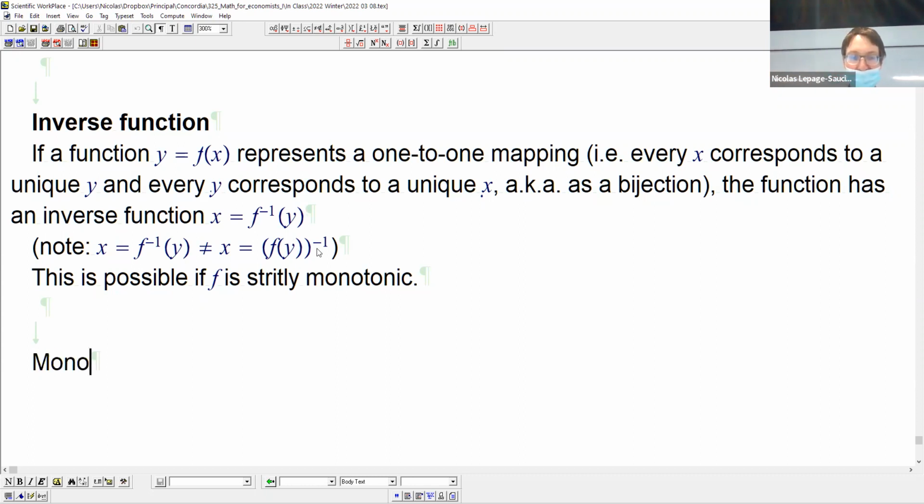All right, monotonic functions. Somebody knows what this is? It's a boring function, of course, because they're monotonic.